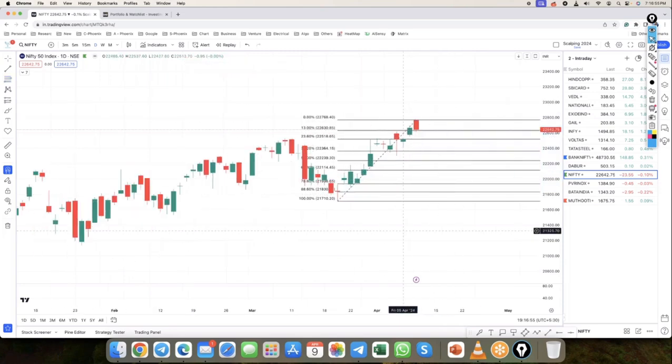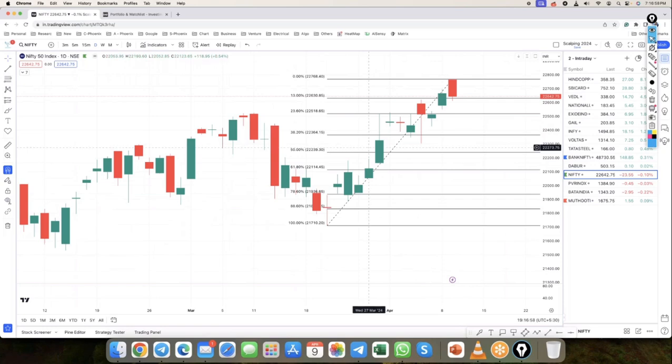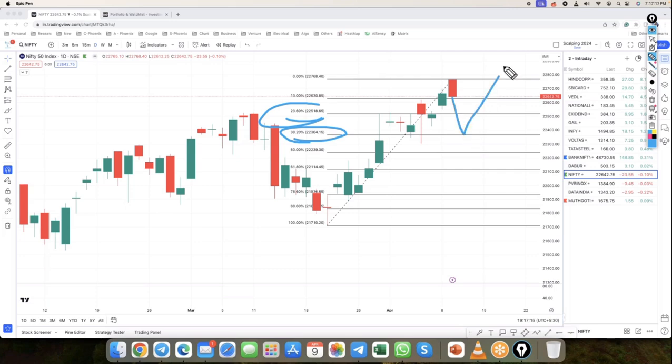So this is what the FIBO is, and we can expect the first cut zones as 22,364, 22,114, 21,710. We may not have such a big fall, but we can at least expect these two levels to get honored shortly, and this is the place we can look for retracement for a new high.